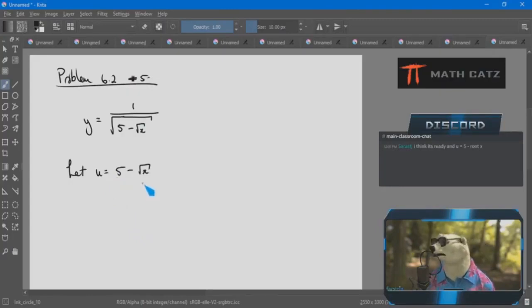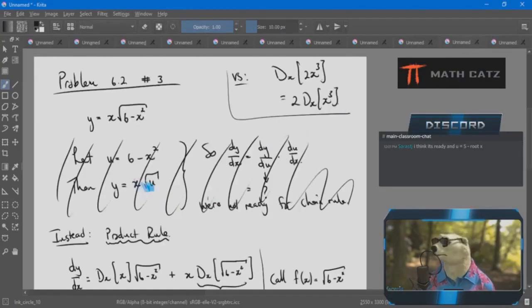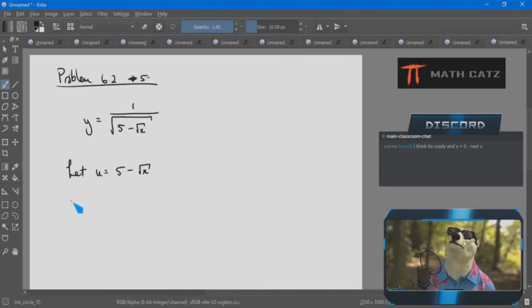But I want to just emphasize that even if you're not 100% sure, trying it might show you better that it wasn't ready. You might not see it right away, but in trying the chain rule, something weird is going to happen. This mix of x's and u's telling you, oh, no, not ready. That's okay. And if that doesn't happen, well, then great. As long as my outside function is simple enough.